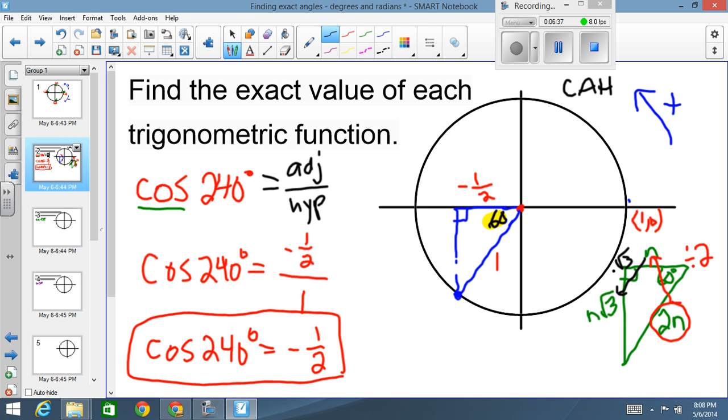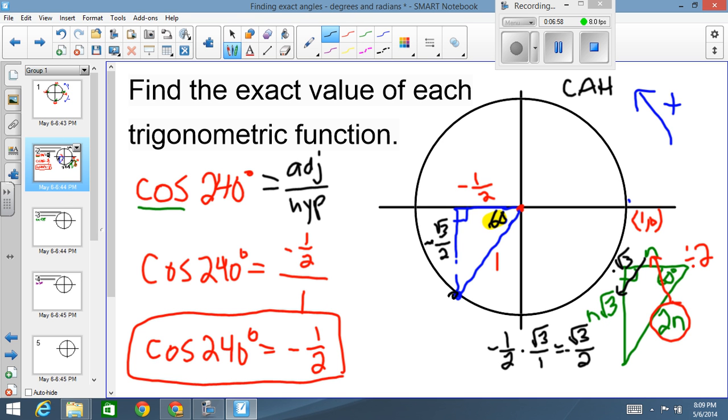So if I take my shortest side, which in this case is negative 1/2, and I multiply that by the square root of 3 over 1, I get the square root of 3 over 2. It's negative. So this side here is negative square root of 3 over 2.